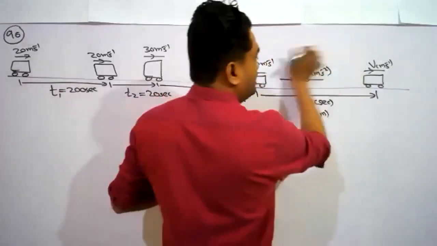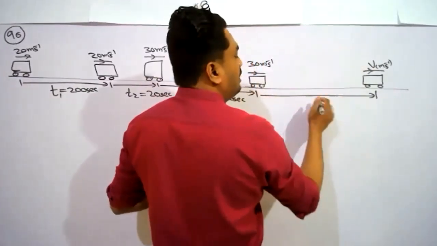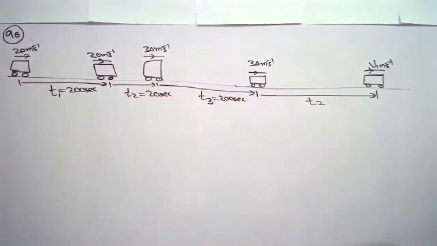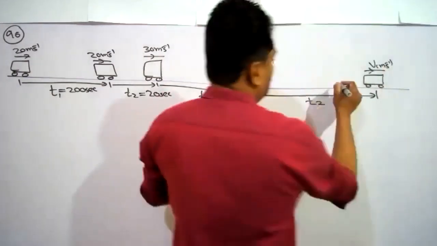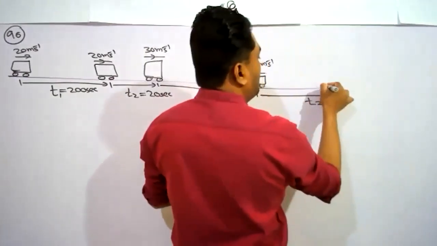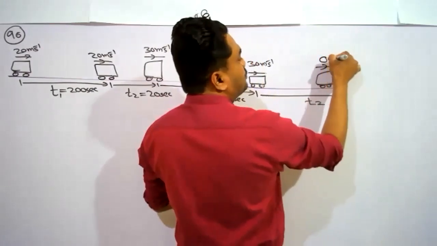And during the next 20 or 30 seconds, I don't remember it. Finally, 30 seconds. Yes, thank you. During the final 30 seconds, so 30 seconds means we are here. During the final 30 seconds, it decelerates and comes to rest.